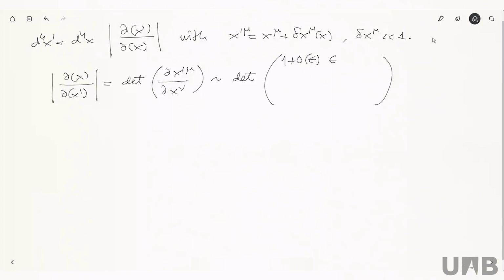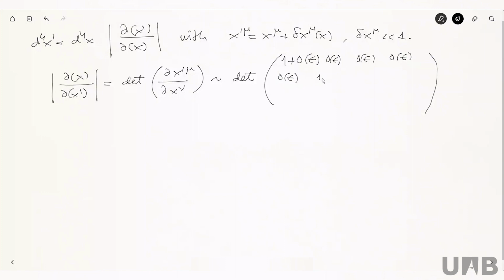So the other guys are order epsilon, and the next guy is also order epsilon. 1, 0, 1, 2, and 3, an order epsilon. All these guys are order epsilon. Okay, here is also order epsilon.